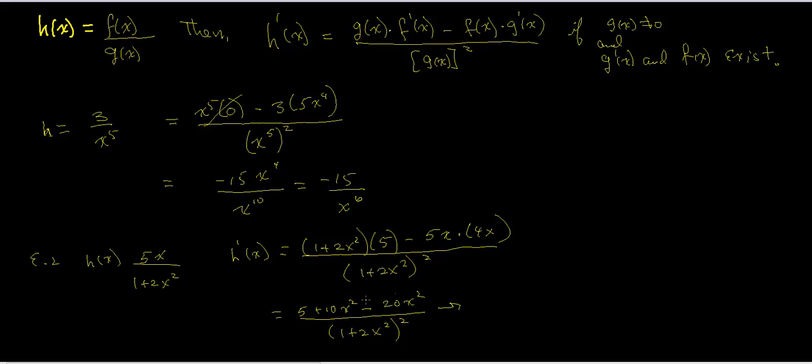And if we carry it just a little bit further, we can see that positive 10x squared subtract 20x squared, we're going to get 5 minus 10x squared all over 1 plus 2x squared, to the second. Now it's possible we can simplify this, but it would not cancel anything on the bottom, so we're just going to leave it at that, like this.